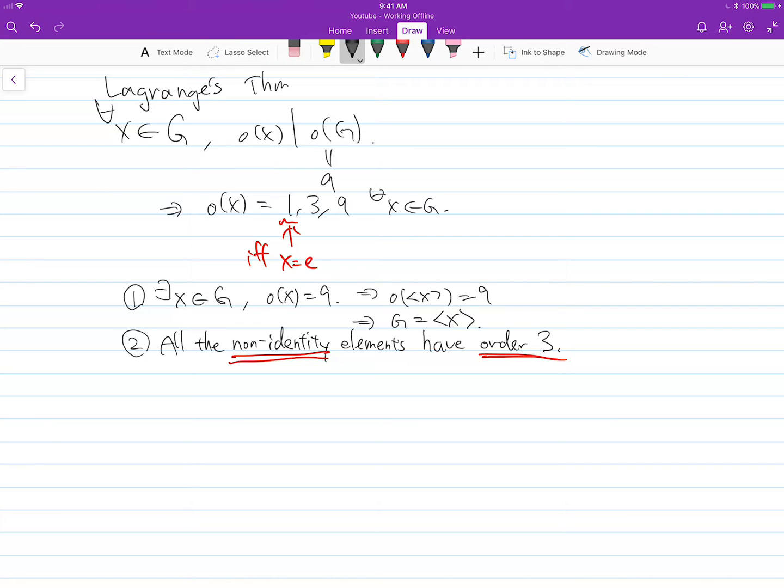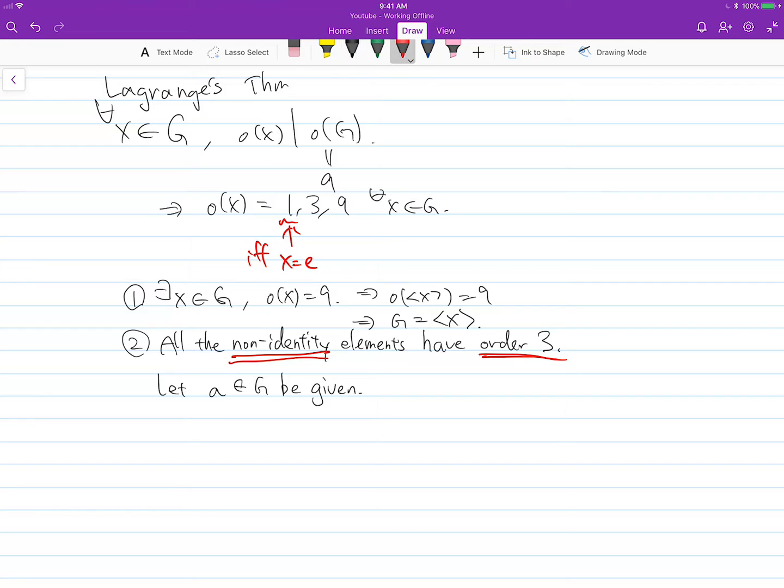And the goal of this theorem was to show that G is abelian. So what we want to show is AB equals BA. Let A in G be given.